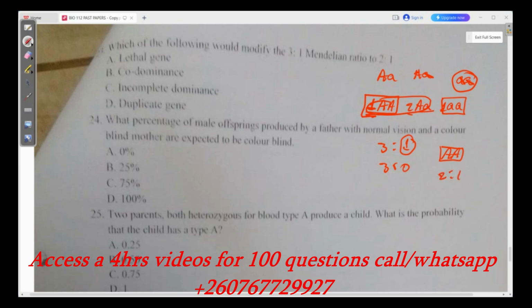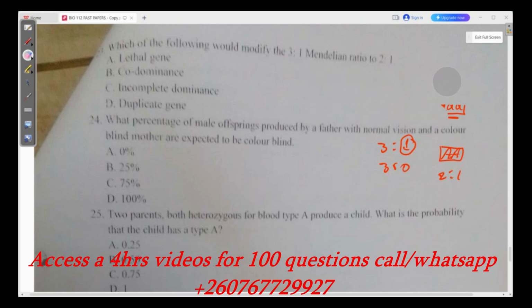And that is what this question is telling us. It means that in this case, an individual carrying this genotype is going to die, only leaving us with 2 heterozygous and 1 homozygous recessive. So that has to be a lethal gene. So the answer has to be A. That is the only situation where you're going to modify that.